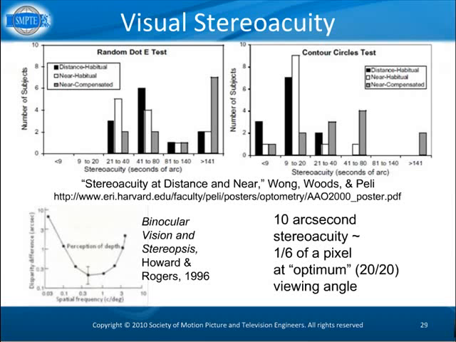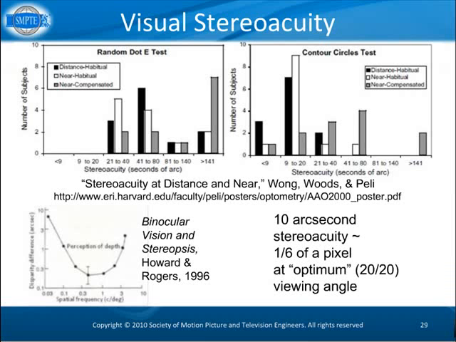There's 60 arc seconds in an arc minute, and there's 60 arc minutes in a degree of arc. So 1 arc second is 1/3600th of a degree of arc, and this 0.3 arc seconds is more like 1/10,000th of a degree of arc.